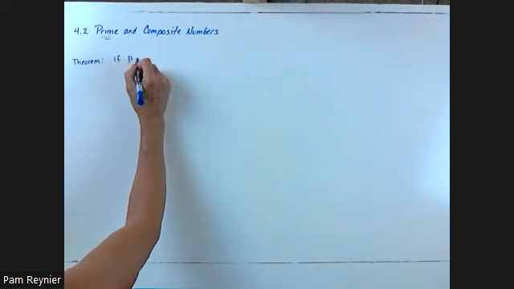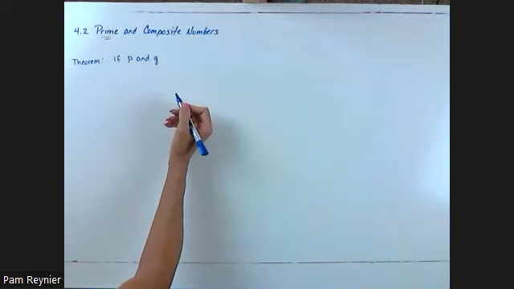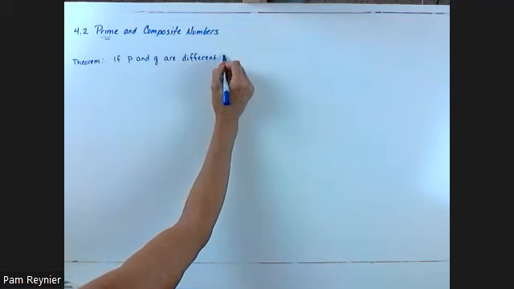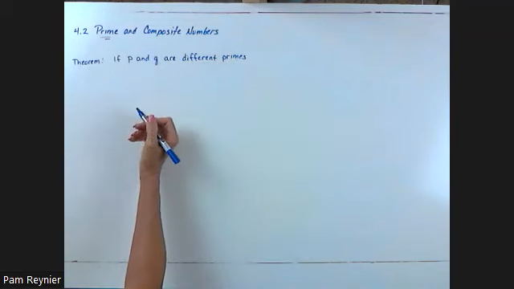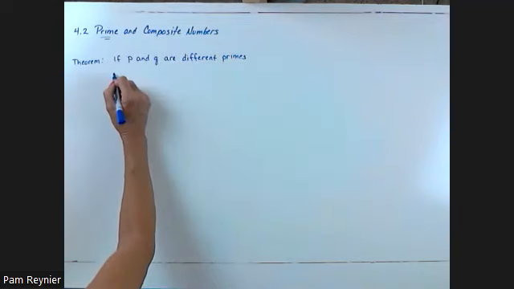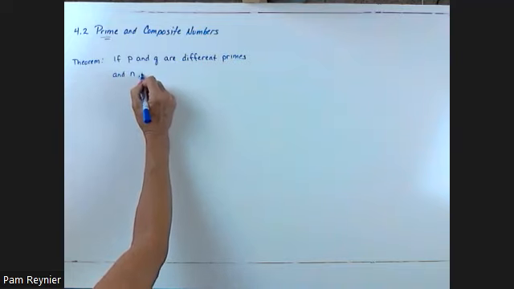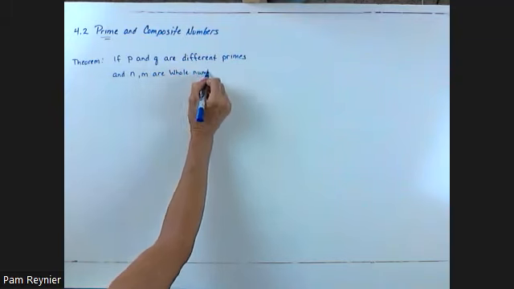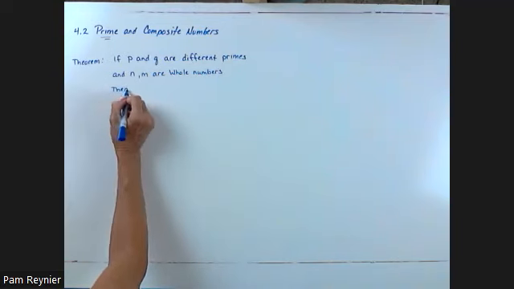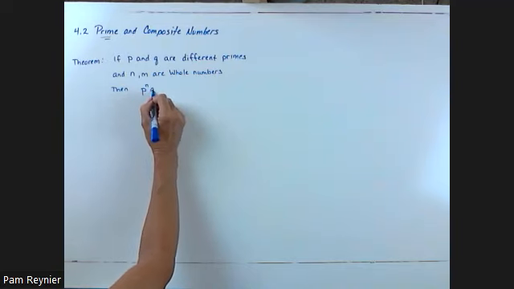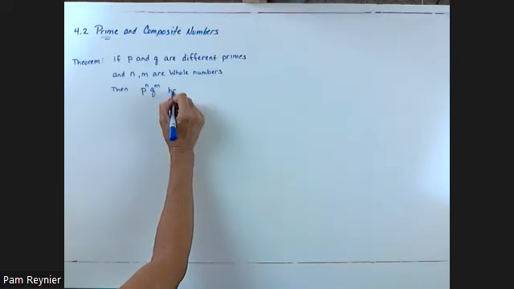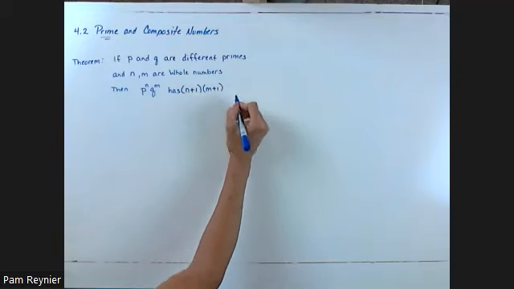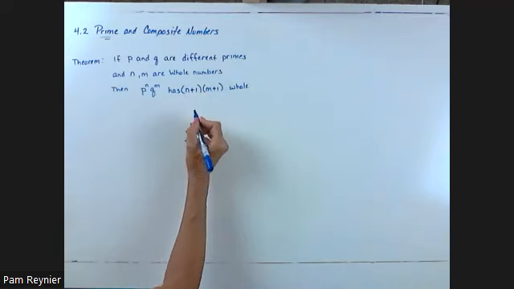So if P and Q are different prime numbers, and N and M are whole numbers, 0, 1, 2, 3, etc. Then P to the N power times Q to the M power has N plus 1 times M plus 1 whole number divisors.